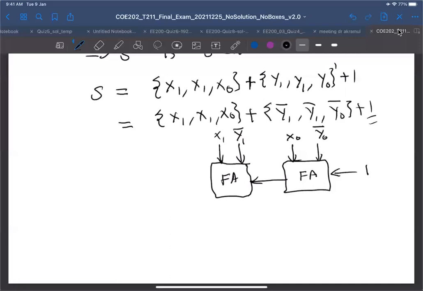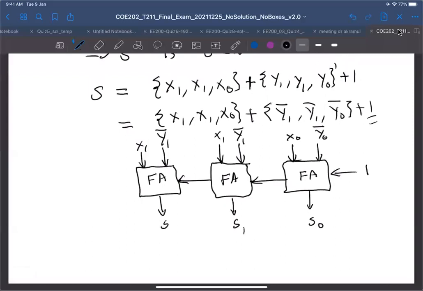And also the final full adder for the third bit, for Y1 complement and X1, together with the carry out from the previous stage. So this gives your S0, S1, and S2.